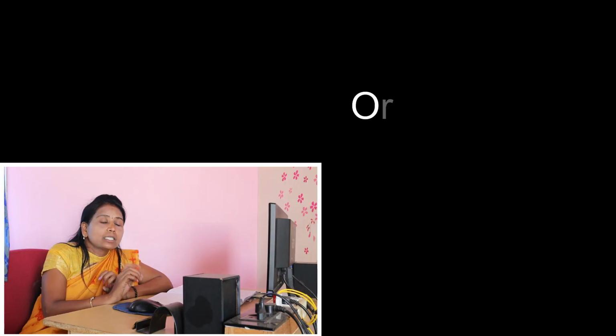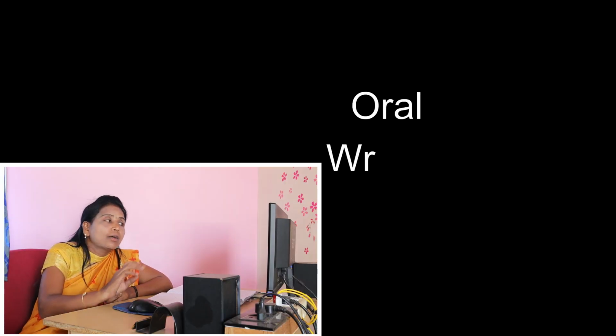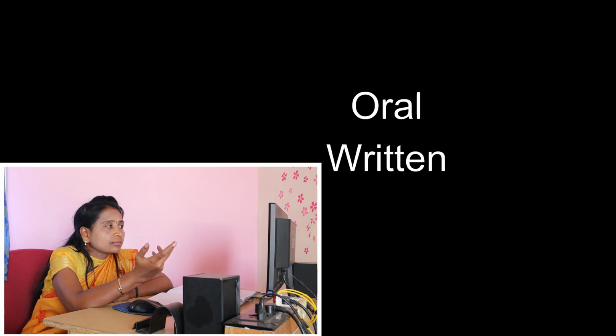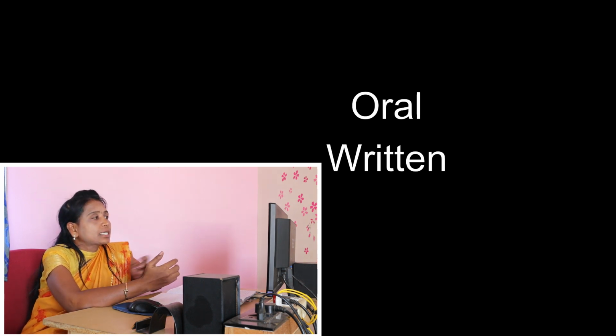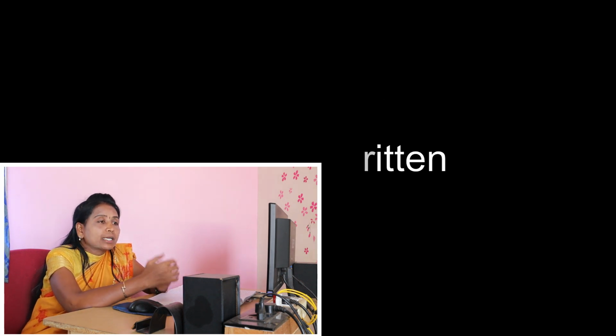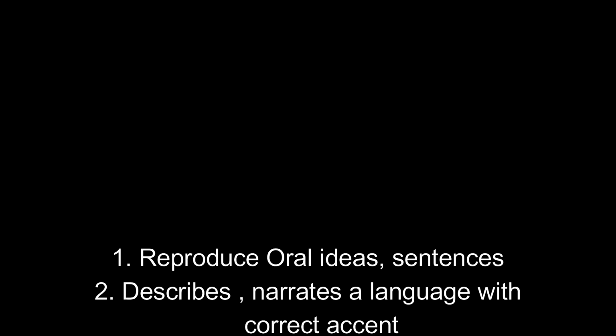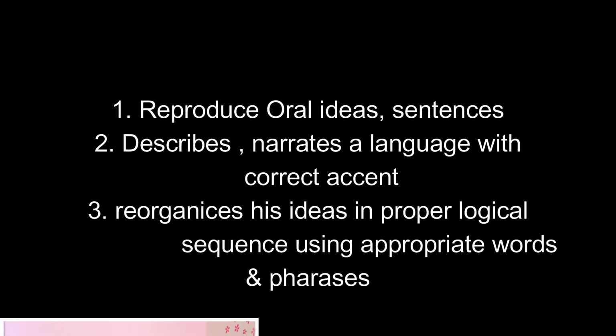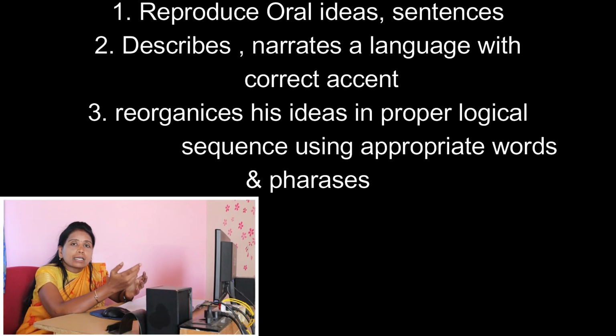Expression. There are two types of expressions. First one is oral expression, and second one is written expression. In oral expression, the child should reproduce the oral ideas in his own sentences, and should describe or narrate a story.